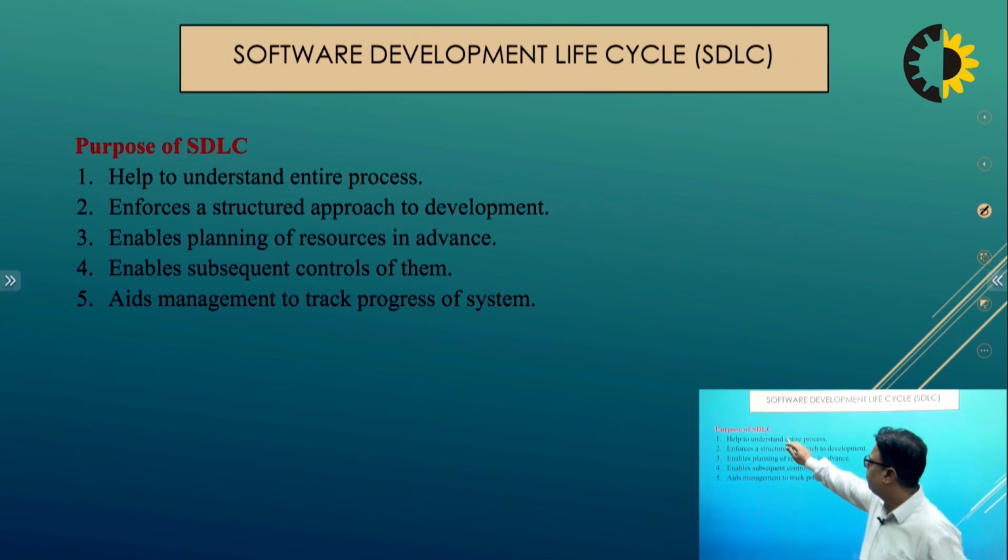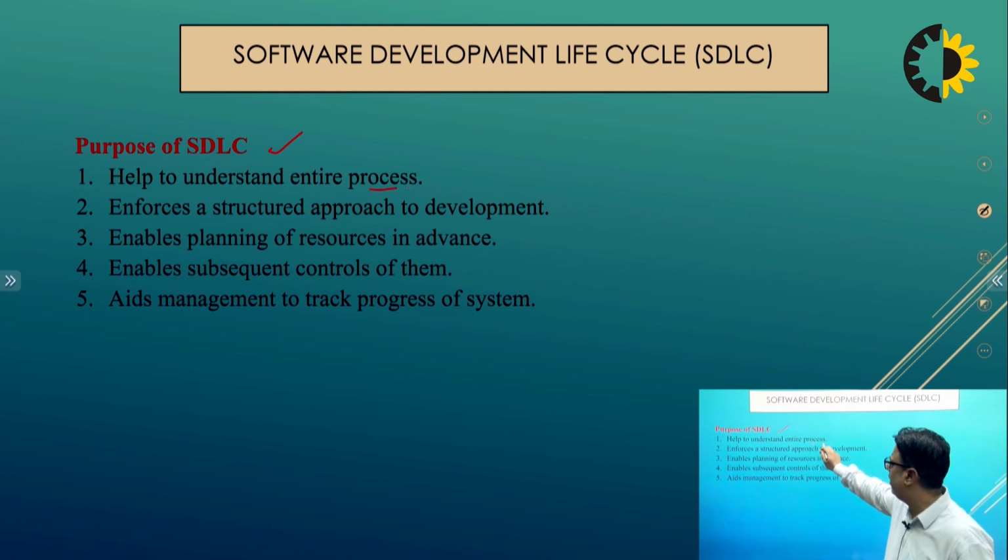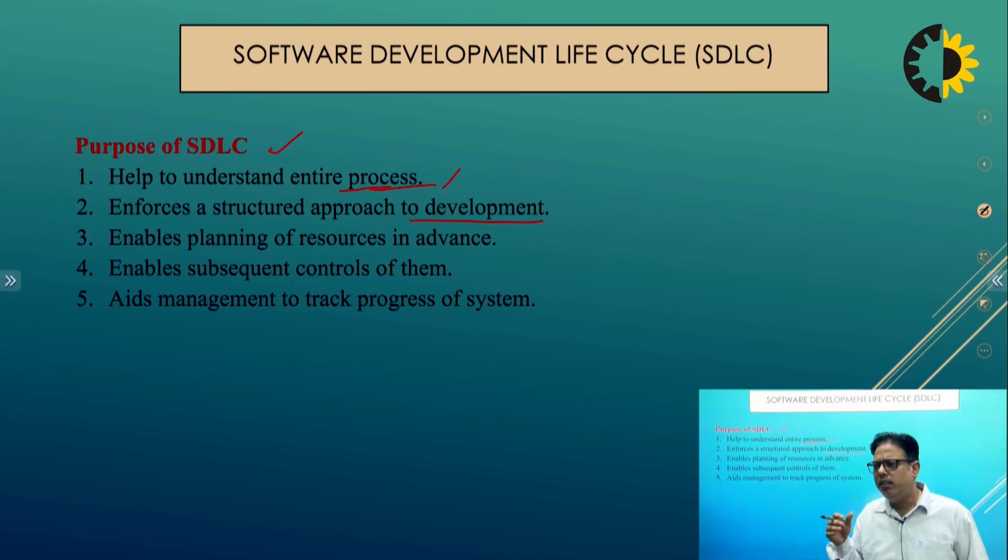Now, what is the purpose of SDLC? Why are we using the software development life cycle? Basically, it helps to understand the entire process, because all software engineering processes work in a sequential manner, phase by phase. It forces a structured approach to development, because it is an optimized approach used according to the customer requirements.